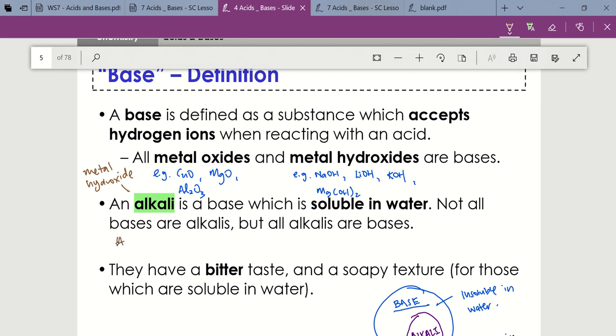So when we have acid plus alkali, I get salt plus water. This was what we learned in Sec 2, right? This is also known as the neutralization reaction.